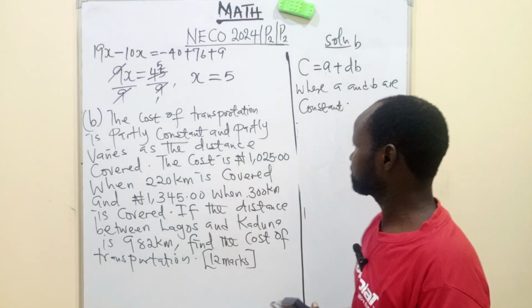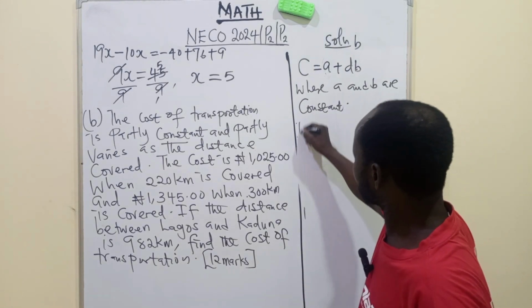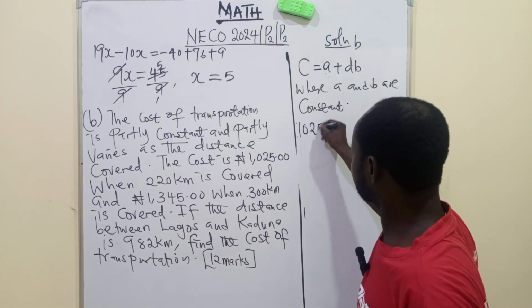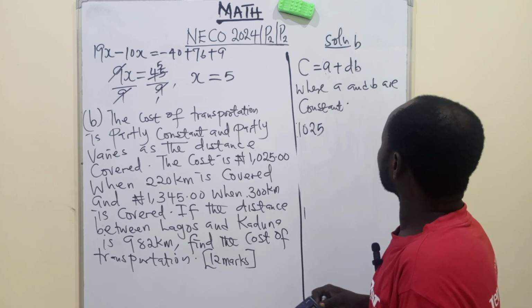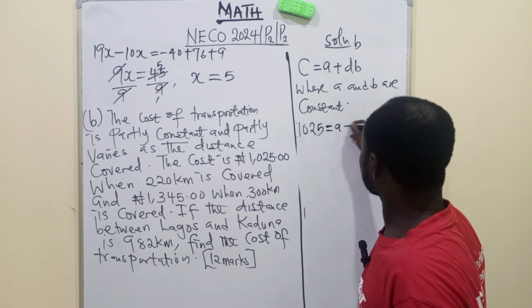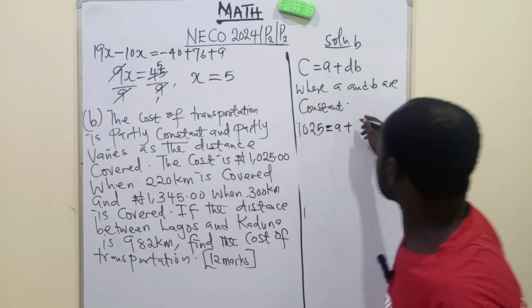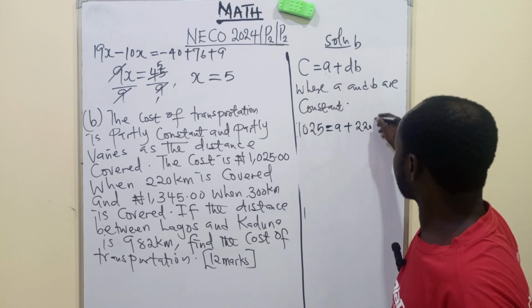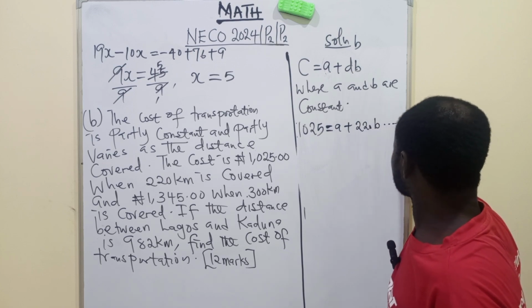The cost is what? First, the cost is 1,025. Let's substitute 1,025. That's the next point. Will be equals to the constant A plus. Next, the distance is what? 220. That will be 220 B. Let's call this equation 1.